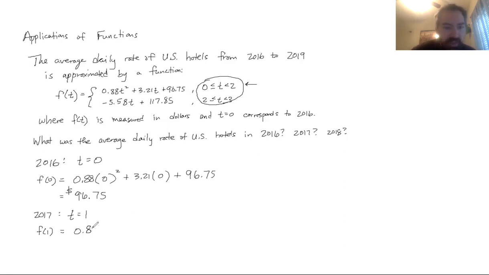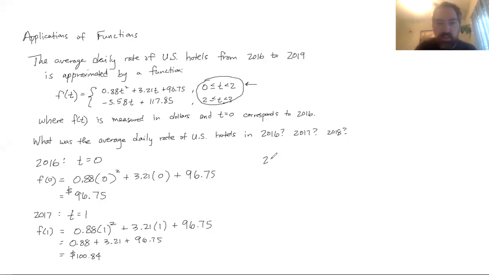So 0.88 times 1 squared plus 3.21 times 1 plus 96.75. And so that's 0.88 plus 3.21 plus 96.75, which is $100.84 for the average daily rate of US hotels in 2017.